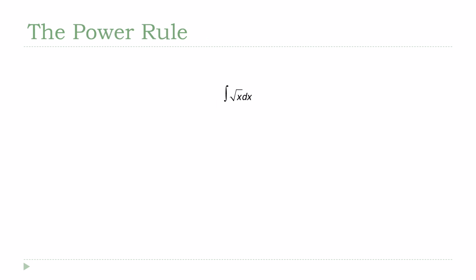All right, so let's take a look at an example. One of the nice things about that formula is, other than the not equal to -1 restriction, there weren't any others. So this works not only for integers, but for fractions as well. If I wanted to find, for example, the integral of the square root of x dx, I could rewrite that as x to the 1/2. Now my power rule applies. This integral is equal to, see what I did?